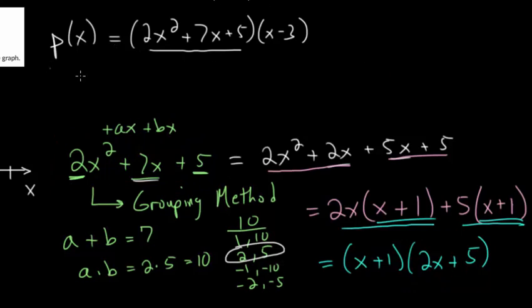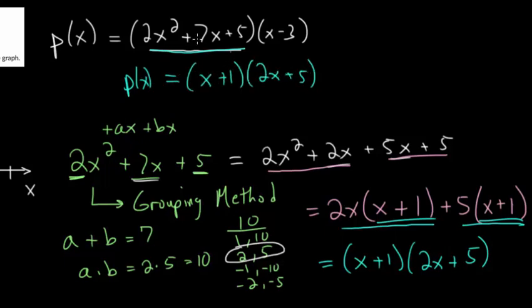And at this point, we've just figured out how to factor this quadratic into two different binomials. So we can rewrite our polynomial as x plus 1 times 2x plus 5, that's this quadratic expression, times x minus 3. And we're trying to figure out the zeros, so we can set it equal to 0 and figure out which x values would make this true.